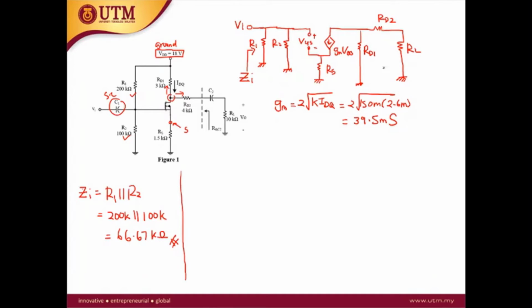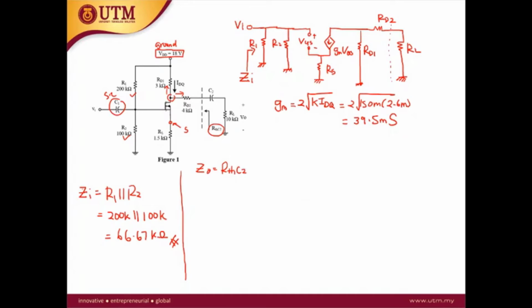Okay. So next is the output impedance. The output impedance here is denoted as RTHC2. So you say Zout is equal to RTHC2. So this is the output impedance that we want to calculate.